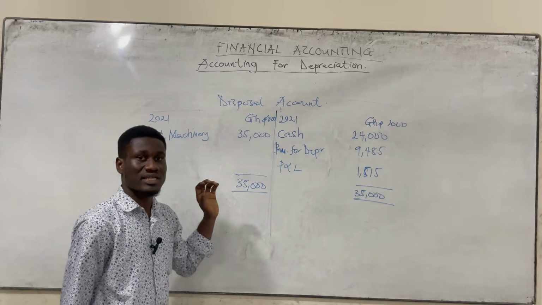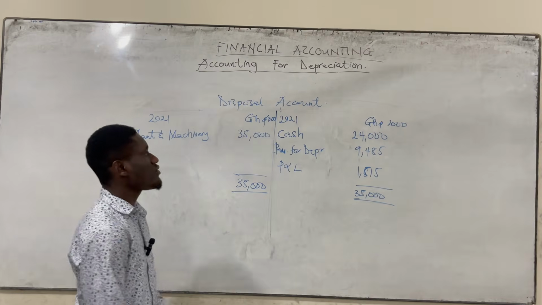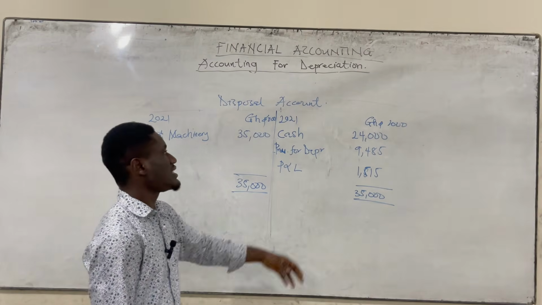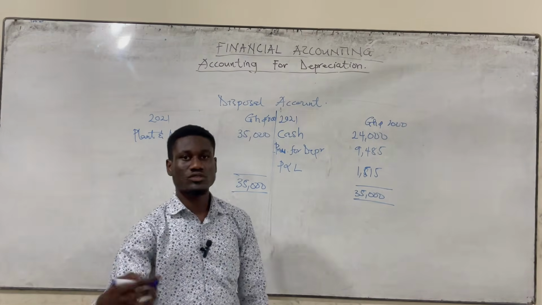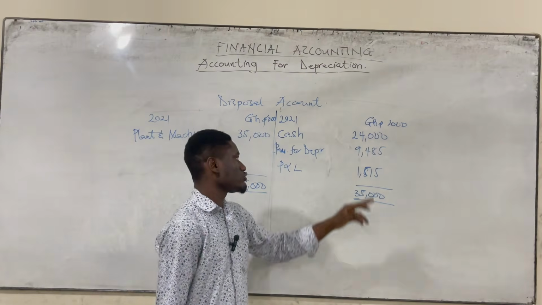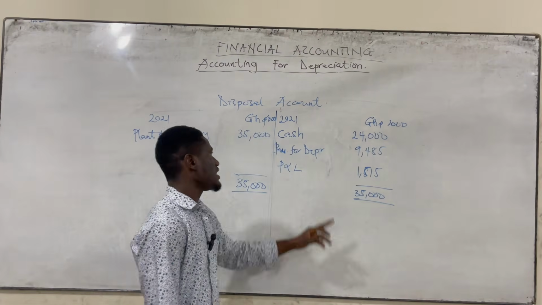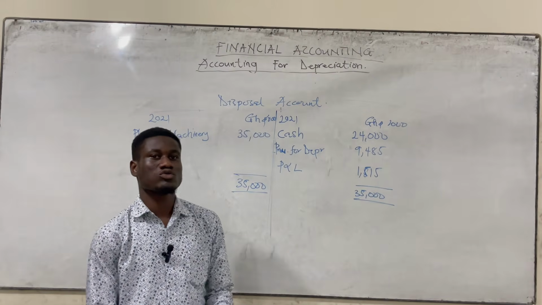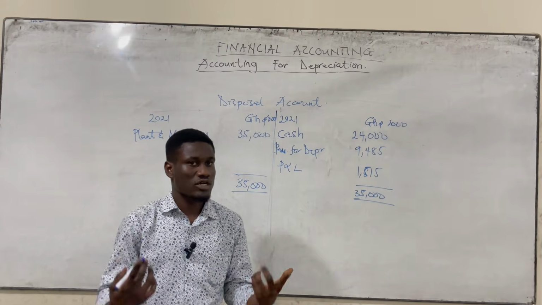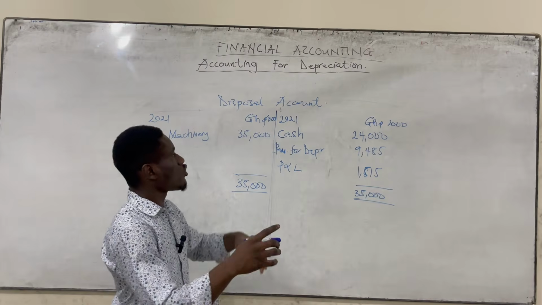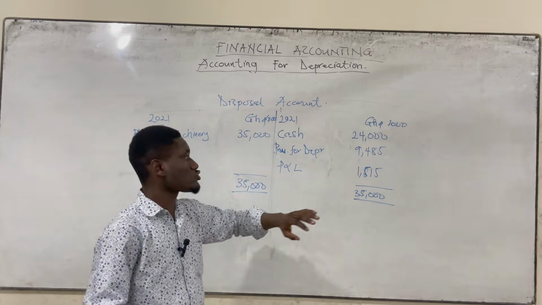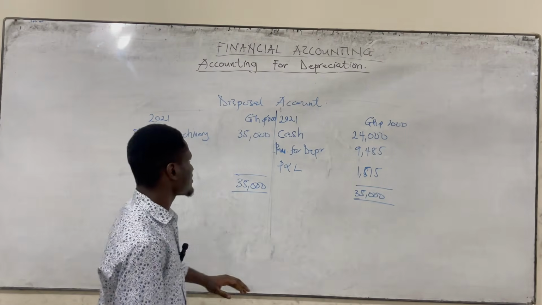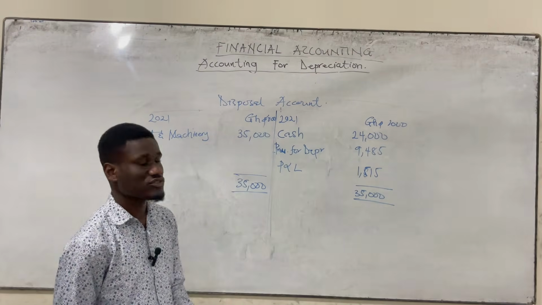Then we recorded it at the debit side. Good. When we come to the disposal account too, the actual amount you sold that asset for is what you are going to write here. Then you come here to write the accumulated depreciation of that asset. So it just has to be in your head. Good. When you check the whole account, you could see that it's following the double entry principle.